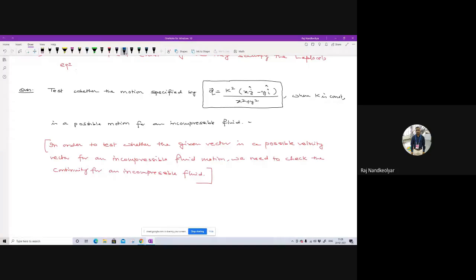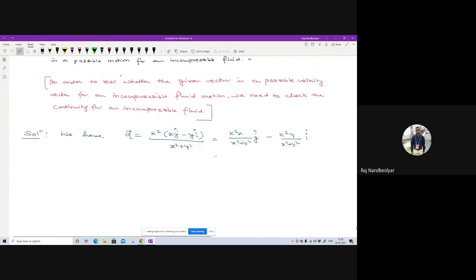So for the solution, we have q equal to k square (x j cap minus y i cap) divided by x square plus y square. So if you want, you can write this as k square x upon x square plus y square j cap minus k square y upon x square plus y square i cap.